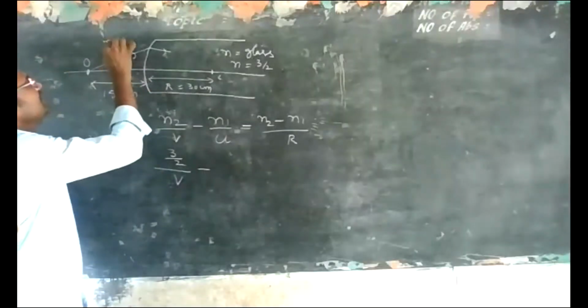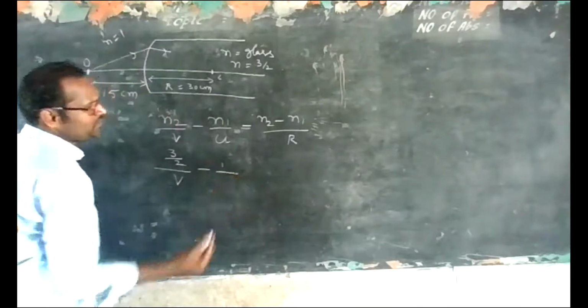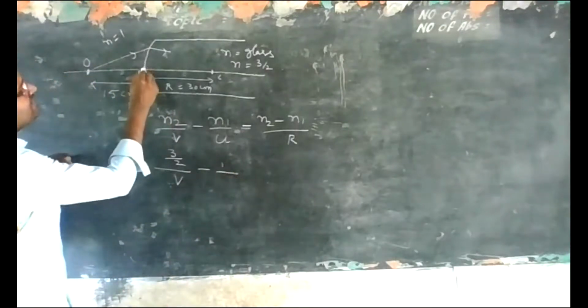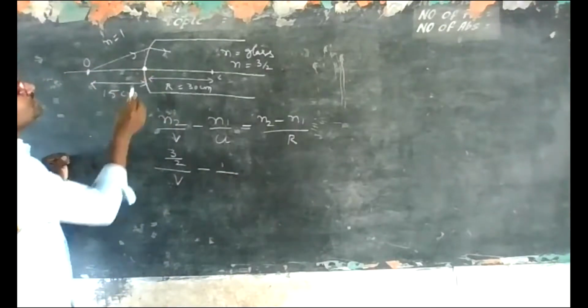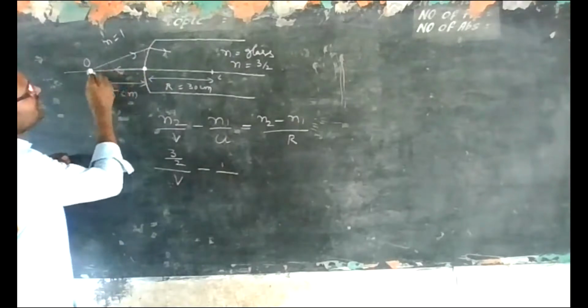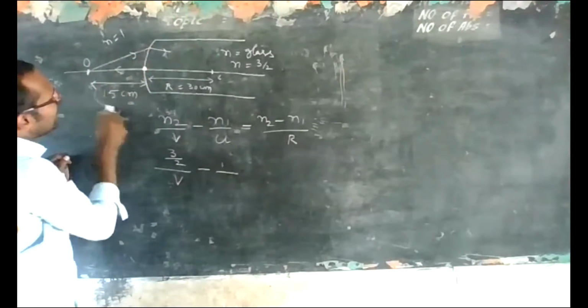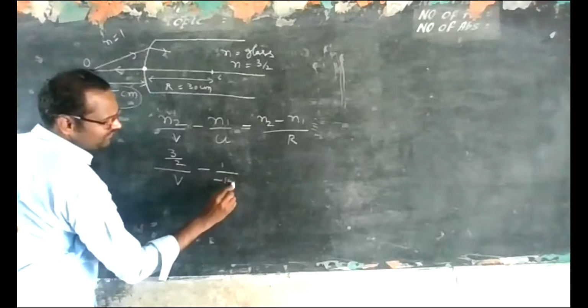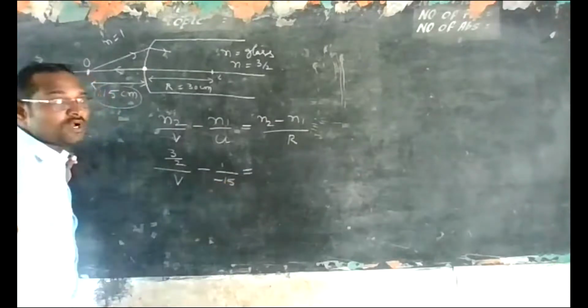The ray is coming from air, so 1 upon U. Object distance we should measure from the optic center, opposite to the direction of the incident ray, so we take it as negative, minus 15. It is important, otherwise you get a wrong answer.